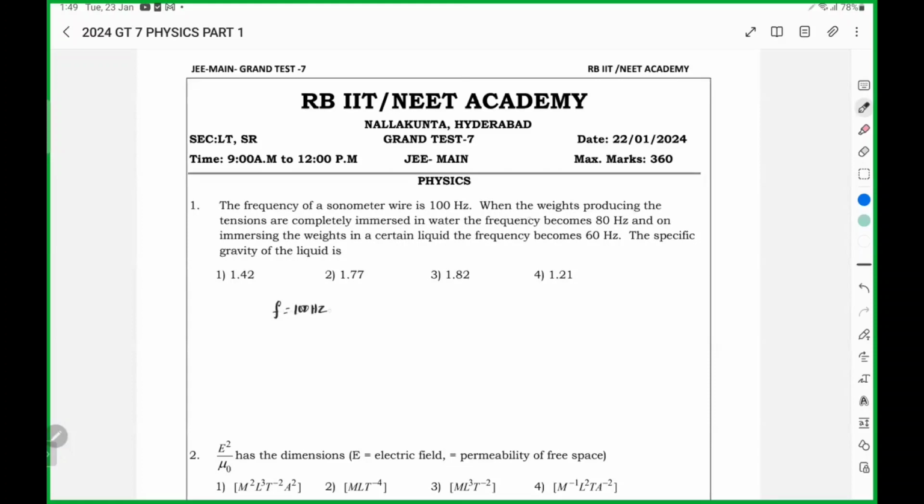When the weights producing the tension are completely immersed in water, at that time the frequency of the sonometer wire is 80 Hz.